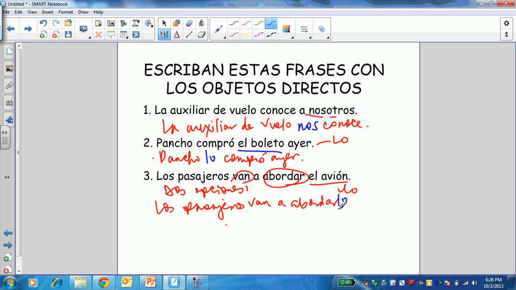O podemos escribir así, oh, excuse me, los pasajeros lo van a abordar. Okay, remember, dos verbos, uno, dos, tenemos dos opciones.